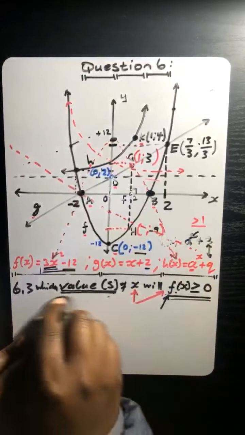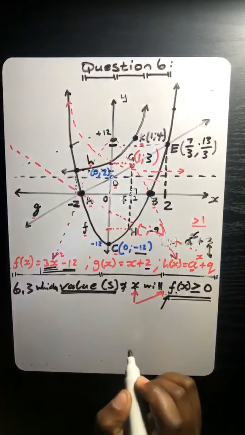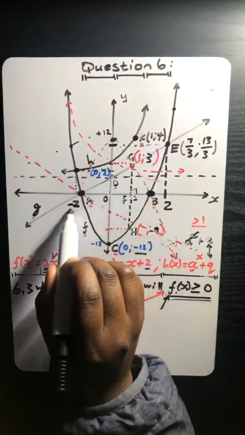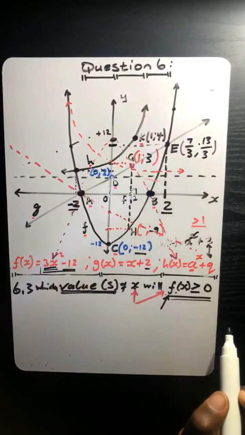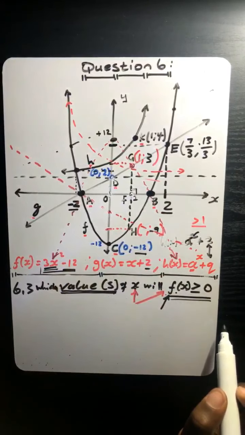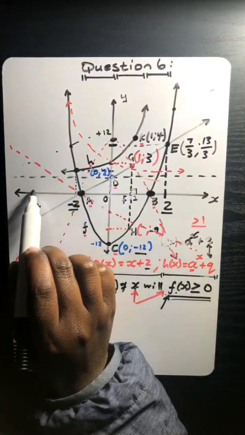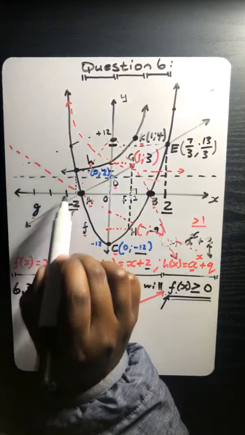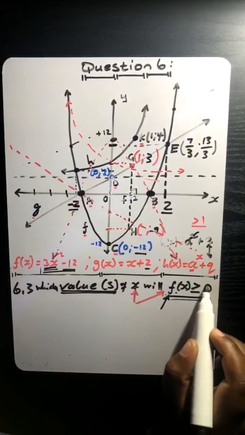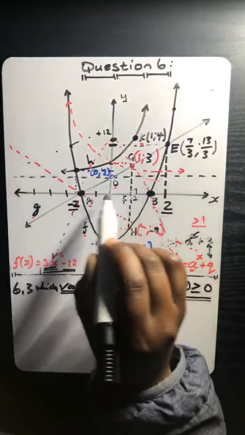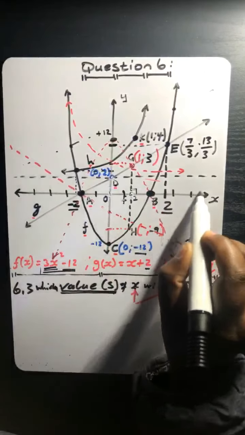So given what I was saying, because they are talking about the x values, you might need to make comments based on these two x values. What you can actually do is try to substitute values on this side to check if you get values which are greater than or equal to 0, and also try substituting values in between and check what you get, and do the same for that side.